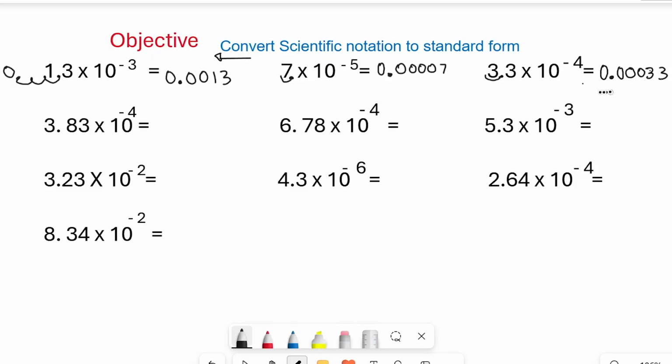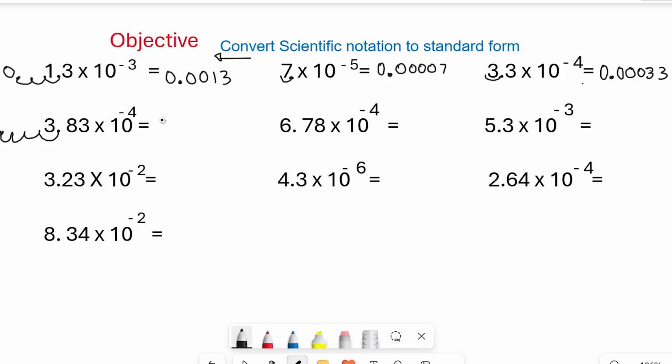Okay. Now look at the next one. The exponent, one more time, is negative. That means I have to move this decimal back 4 units. That will be 1 unit, 2, 3, 4 units. The whole number is going to be 0, and I have to put 3 more zeros.